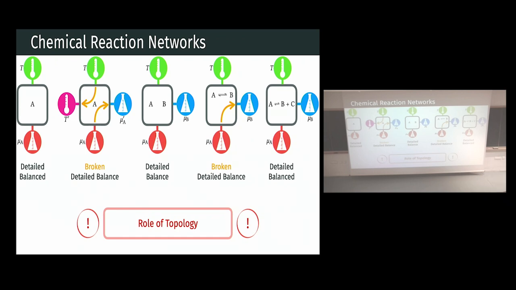So instead of converting A into B, you get B plus C. This system is again detailed balanced. It will reach an equilibrium, even if, again, the reaction is not so different from the previous one. And if this is not clear to you, I'm very happy, because we are going to explain why this is happening here.